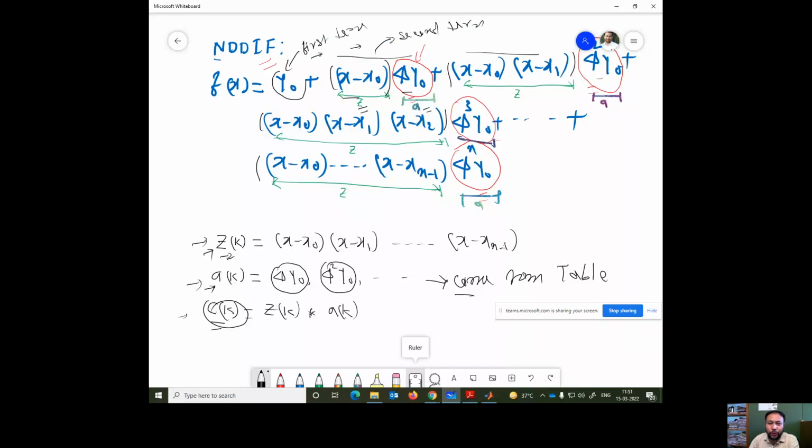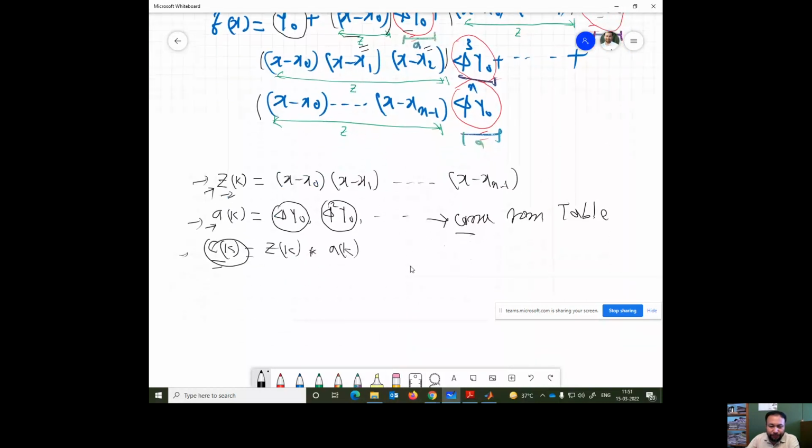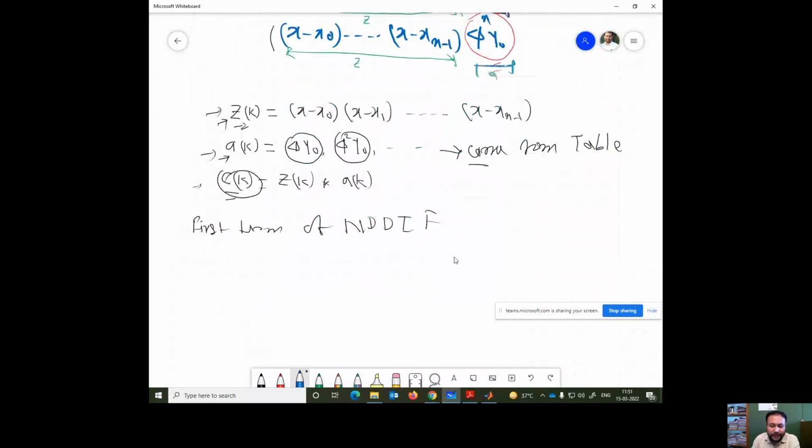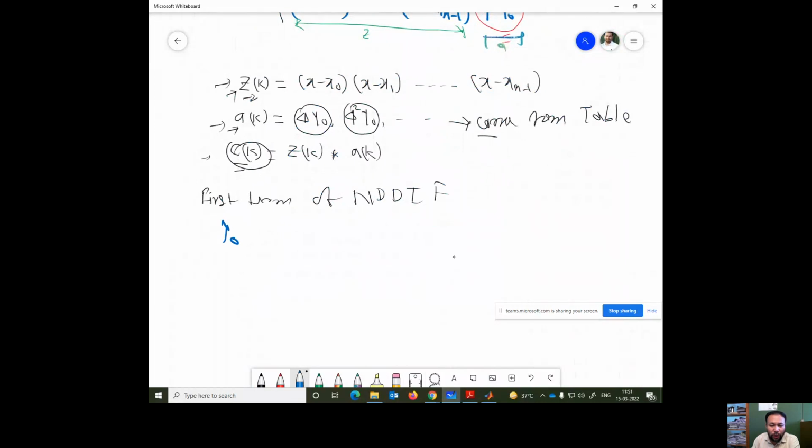Therefore, I have to do some differentiation for the first term of the Newton divided difference interpolation formula. What is my observation? In the formula, y naught is the first term. How can I get this y?